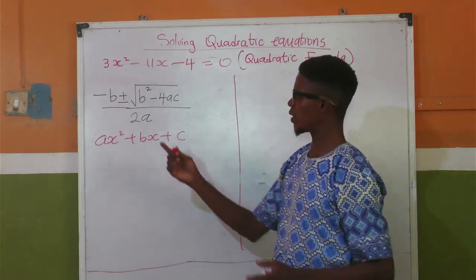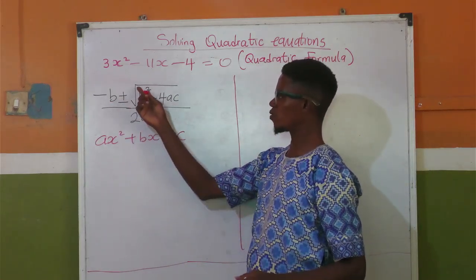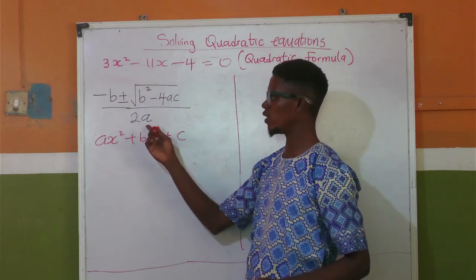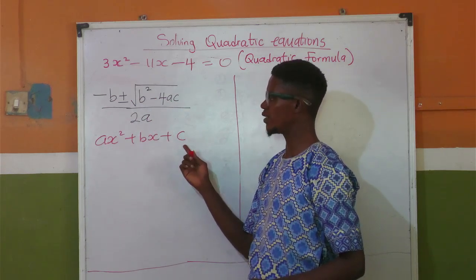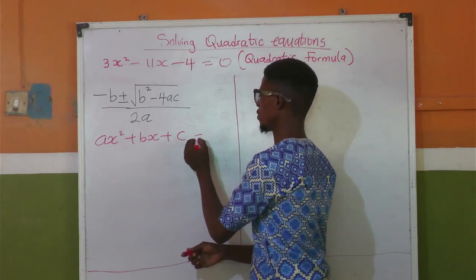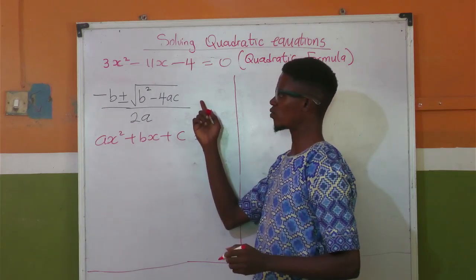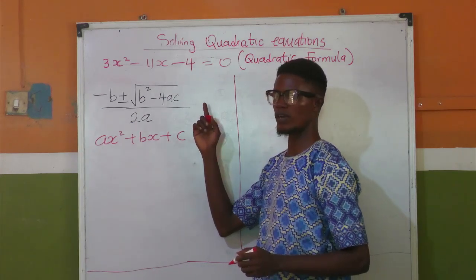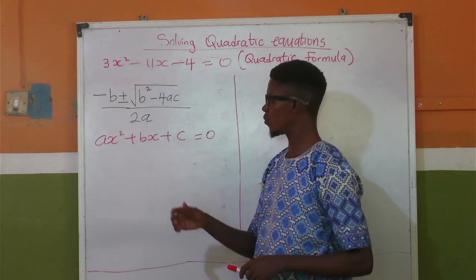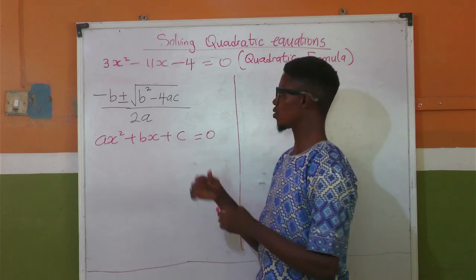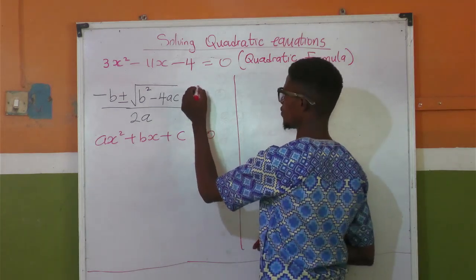So the expression minus b plus or minus the square root of b squared minus 4ac over 2a is simply a derivative of this particular equation. Now, how we arrived at this equation is using the completing the square method. I believe in another video we'll touch on how to use the completing the square method. But for now, we call this the quadratic formula.